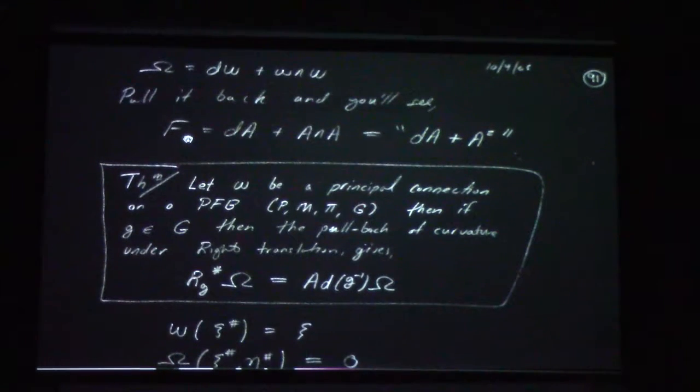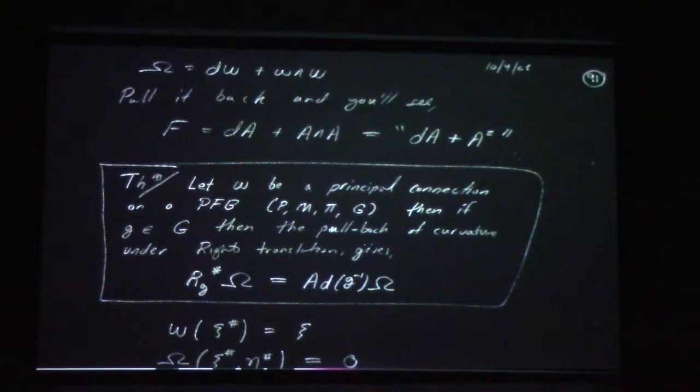So finally, in summary, in the theory of principal fiber bundles, we study a principal curvature. The principal curvature is the exterior derivative of omega plus omega wedge omega in the proper system of notation. The pullback of this is the field strength, equal to the exterior derivative of A plus A wedge A. Or, as physicists sometimes say, dA plus A squared, where you're supposed to know that this is the Lie bracket of A with itself, because A is a Lie algebra valued 1 form.